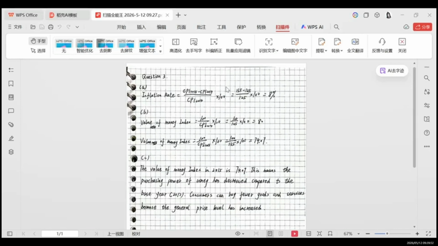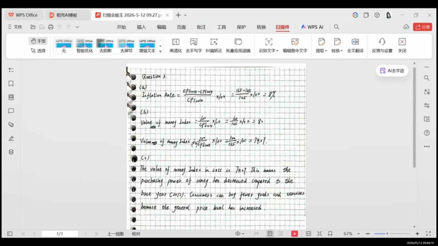The formula for inflation rate is this one. So we substitute the values. We can get the inflation rate in 2015 is 8%. This means the general price level increased by 8% from 2014 to 2015.